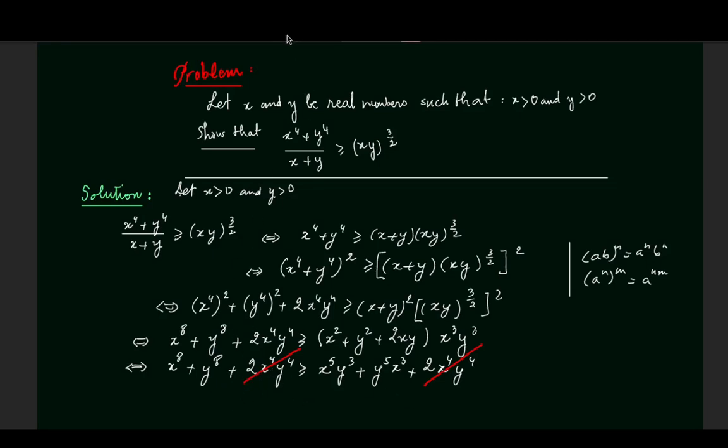That gives us x to the 8th plus y to the 8th, bringing everything in the right hand side to the left hand side, minus x to the 5th y cubed minus x cubed y to the 5th is greater than or equal to 0.